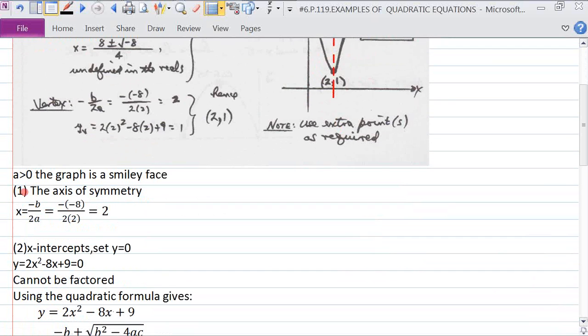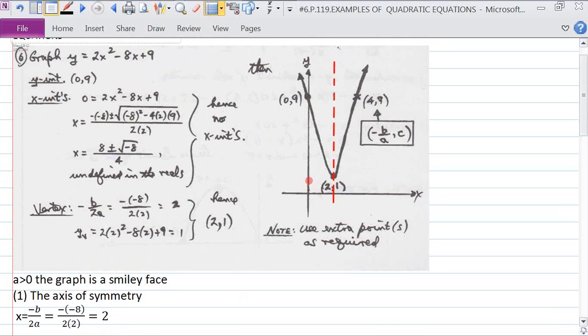The first thing we're going to do is calculate the axis of symmetry. x is equal to minus b over 2a. b is minus 8. I'm just going to take the equation from here. Minus minus 8 over 2 times a, 2 times 2, which is 4. So we have 8 over 4, which is 2. So the axis of symmetry, x equals 2, is shown right here.